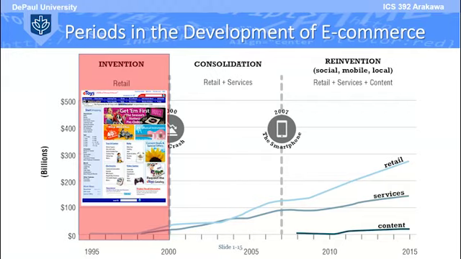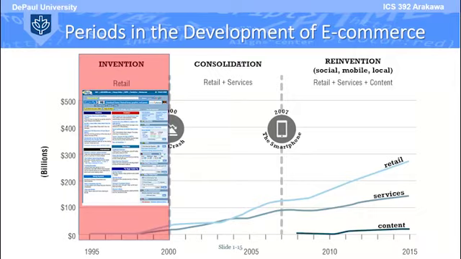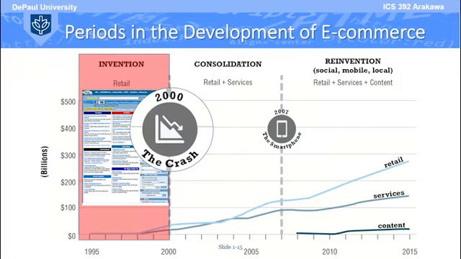So here's a couple of old school website screen caps. This is eToys, and you can see the design and layout here. Certainly different from the kinds of layouts that we use today. So the inflection point that really occurred after the invention phase, right around 2000, is the .com bubble burst, or the crash.